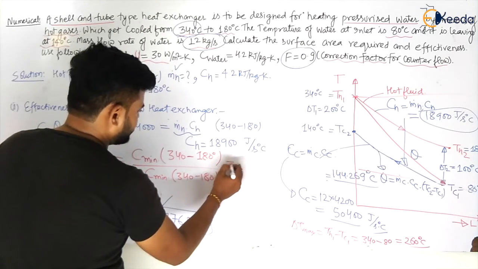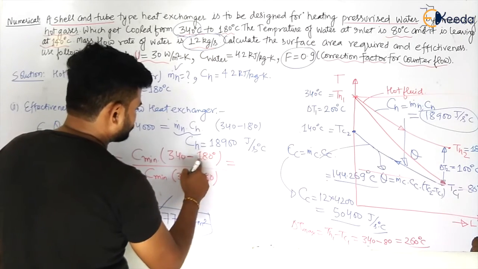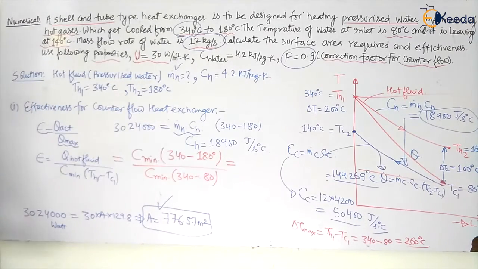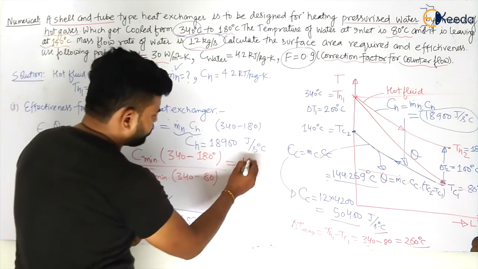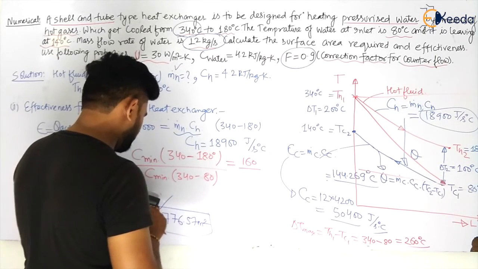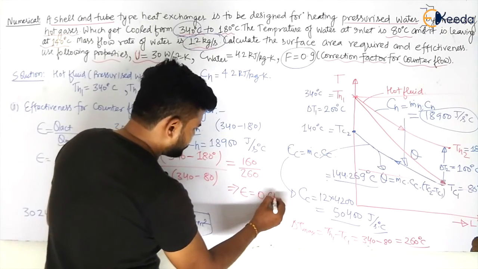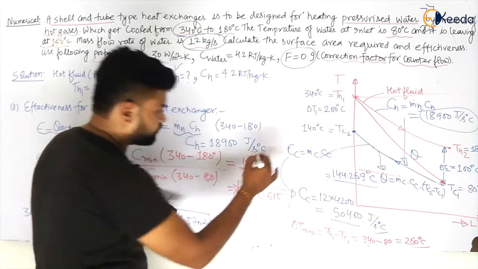So can we calculate? That is 80 only. 340 minus 180 will be 160, divided by 340 minus 80, which is 260, my dear students. That will be 0.615, and that is unitless.